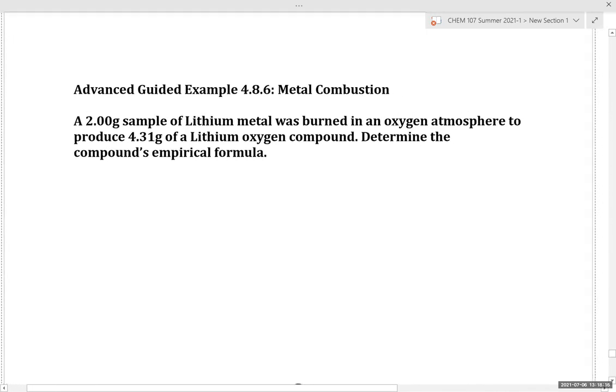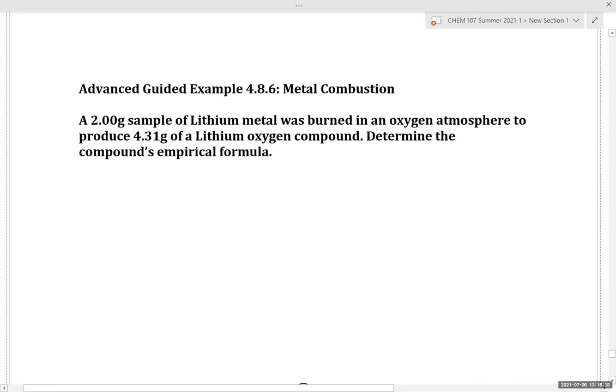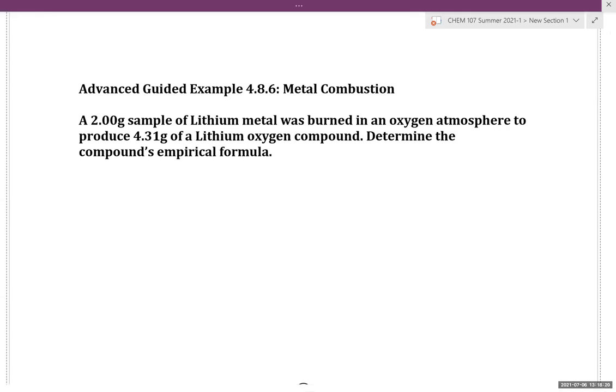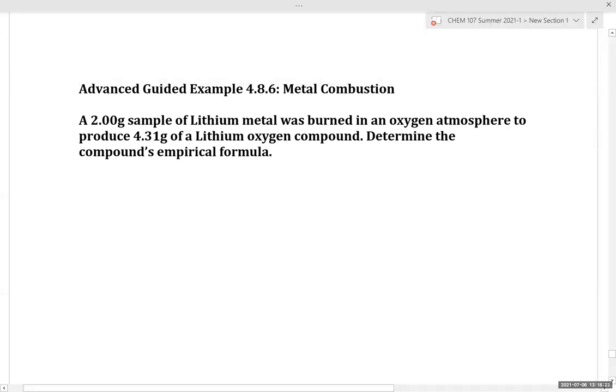I do want to talk a little bit about one application of empirical formula calculations, which is this idea of metal combustion. In metal combustion reactions, we take a sample of metal and react it with oxygen to generate an oxide.